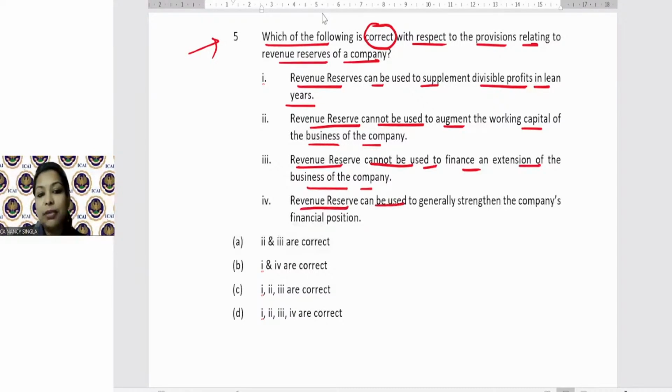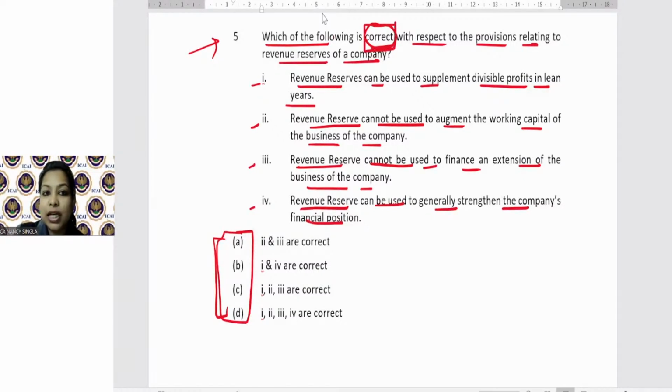Revenue reserve can be used to generally strengthen the company's financial position. So the best way to answer such a question, where these are the options, is to keep on writing correct or incorrect beside these statements. The question wants you to mention what are the correct options with respect to revenue reserves. So keep writing here and then you will be able to write the answer correctly.